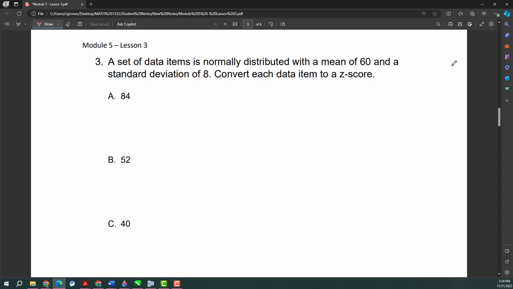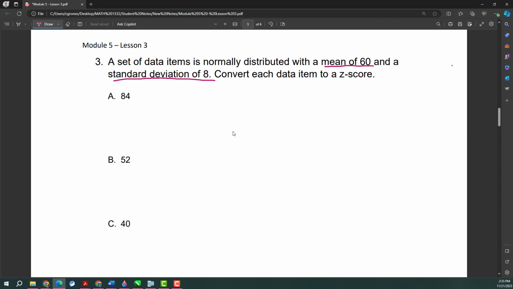Most of the real life situations we're going to be looking at would be stuff that you see in healthcare or in medical facilities, like cholesterol levels and blood pressure and stuff like that. So this one, they don't really tell us what we're looking at. They just say that we have a set of data items and it's normally distributed. So that means that everything falls in that bell-shaped curve. They tell us that our mean is 60 and the standard deviation is 8.